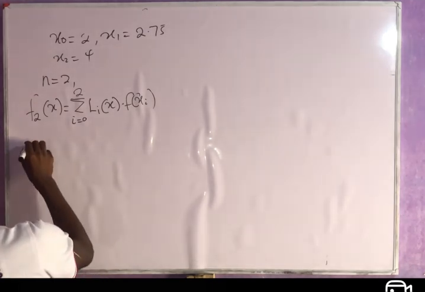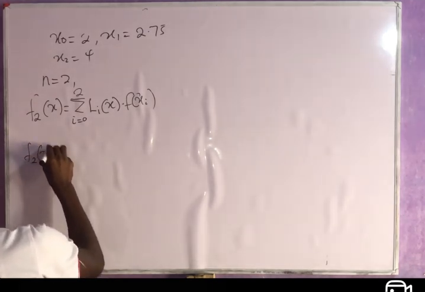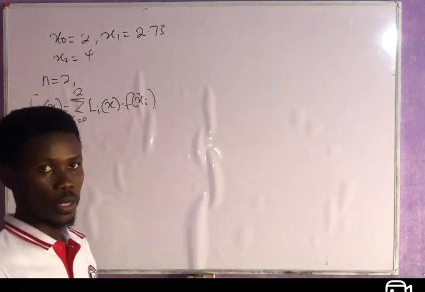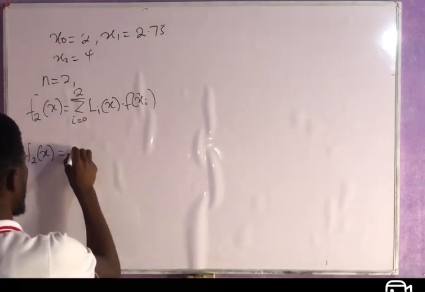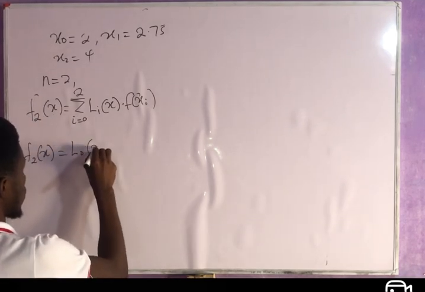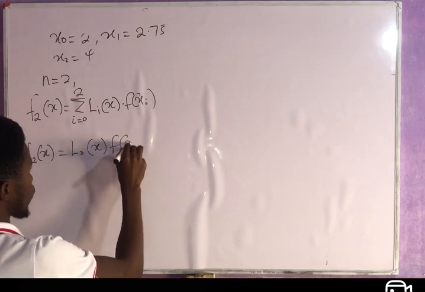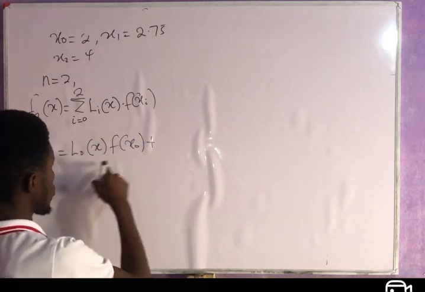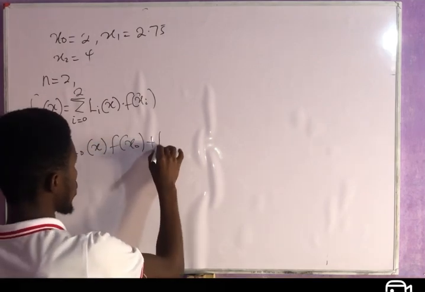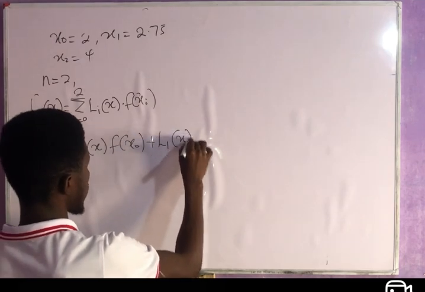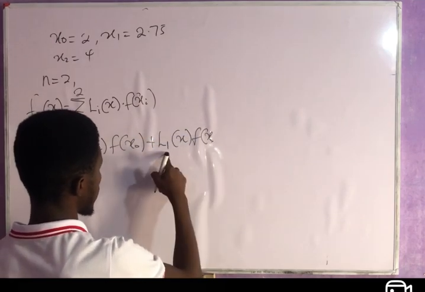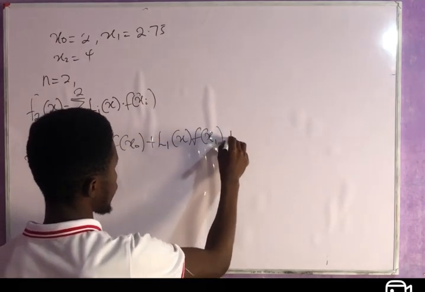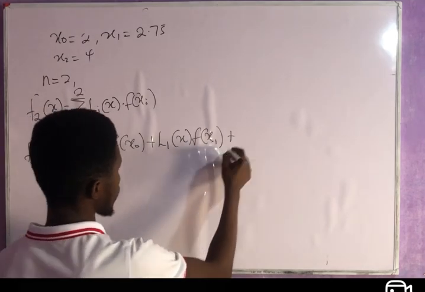So, our f2 of x equals L0 of x f of x0 plus, so we start from 0, we go to 1, so that will be L1 of x f of x1 plus, where are we going?